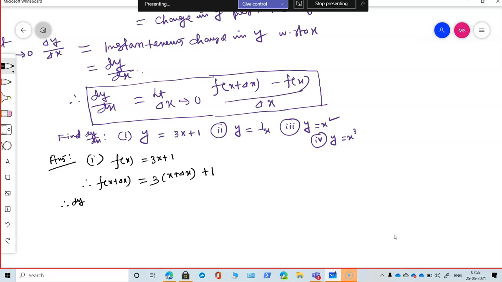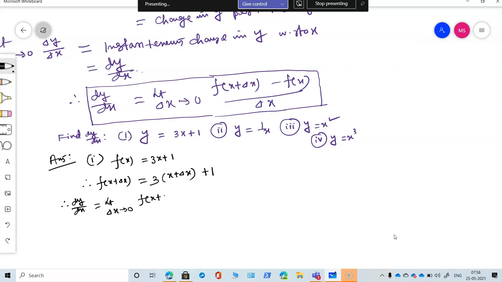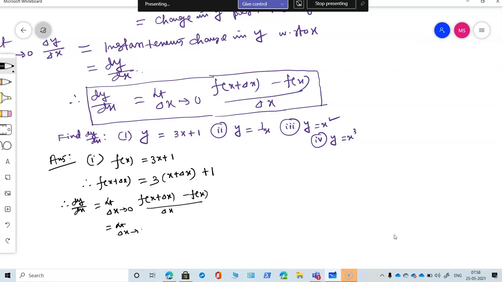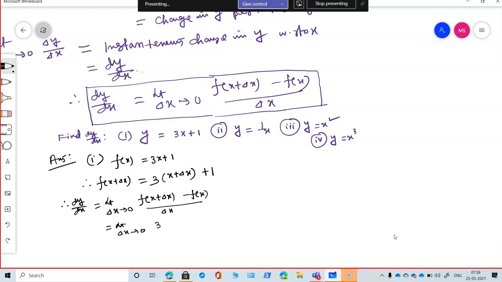Therefore, dy by dx is going to be limit delta x tending to 0, f of x plus delta x minus f of x by delta x. This is nothing but 3 into x plus delta x plus 1 minus this, divided by delta x.